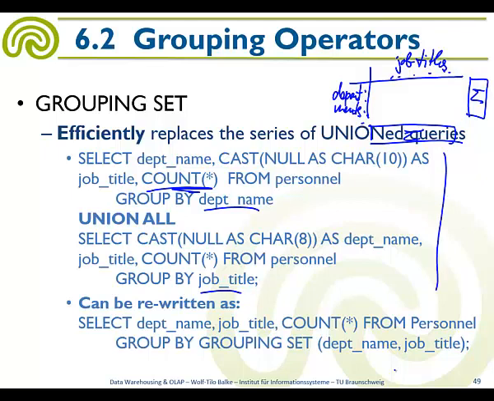And this is exactly what these queries are about, right? So one groups by department name and counts all the job titles per department name, and the other one groups by job title and counts all the job titles for all the departments.